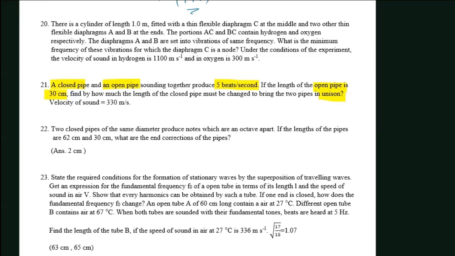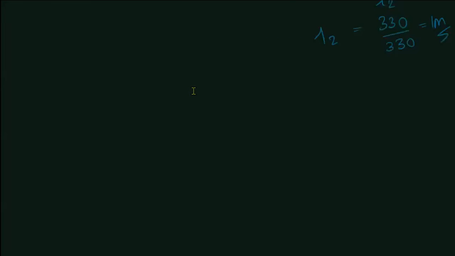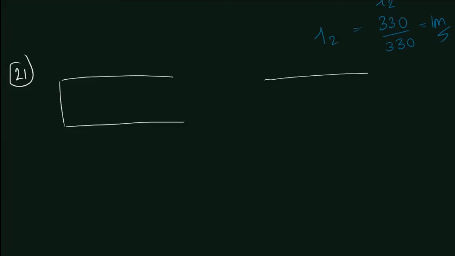If I show you the question in a diagram, this is the 21st question. There is a closed tube and an open tube. Initially, they're saying the open tube is 30 centimeters. They have given the length of the open tube. Let's assume this is 30 centimeters.